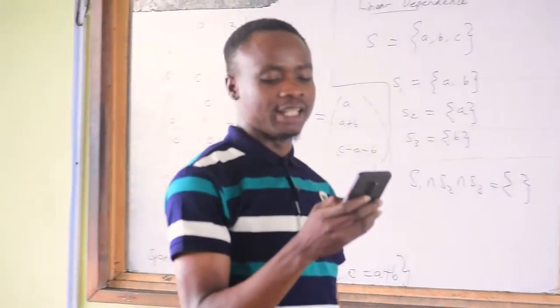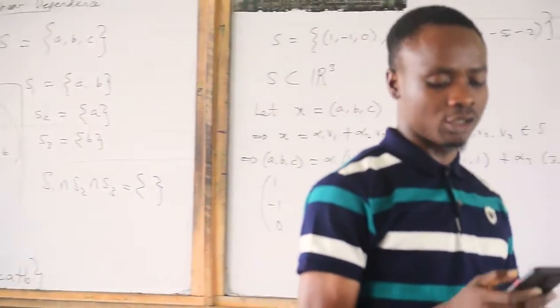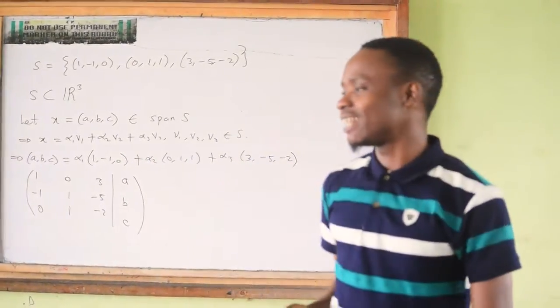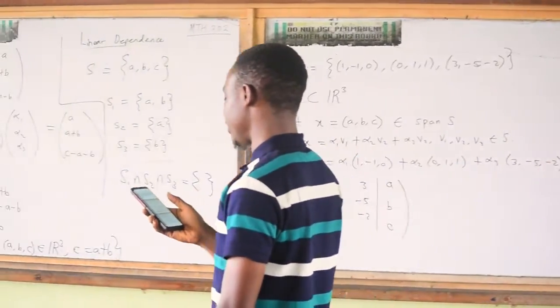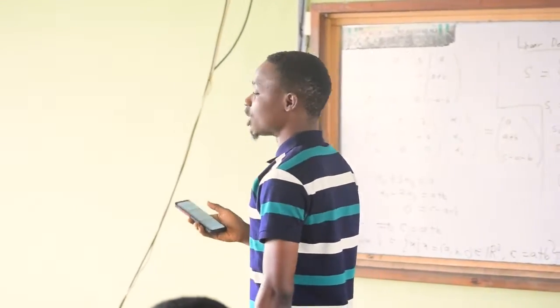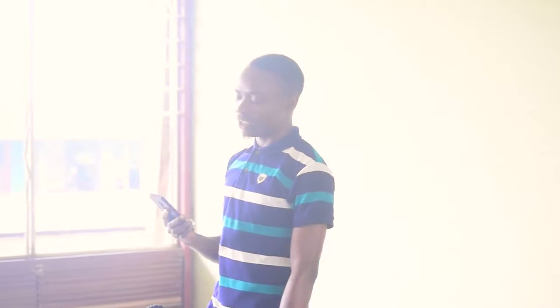Definition. Let S be a set of vectors in a vector space V. Full stop.